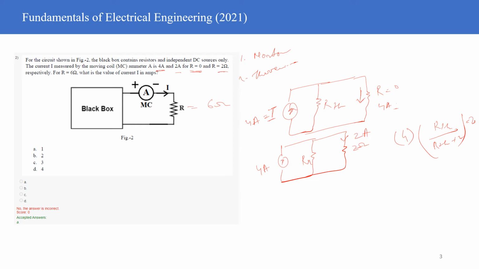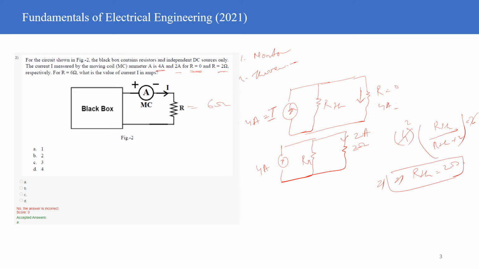Agreed, Sharad? Current division. Yes, sir. So this will give you the value of RTH as 2. RTH is equal to 2, right?